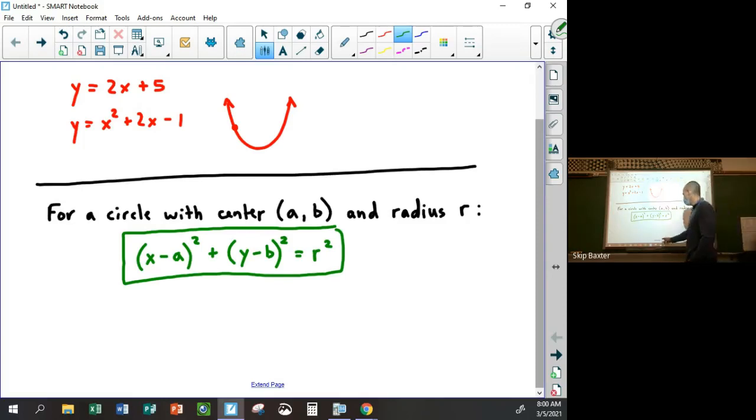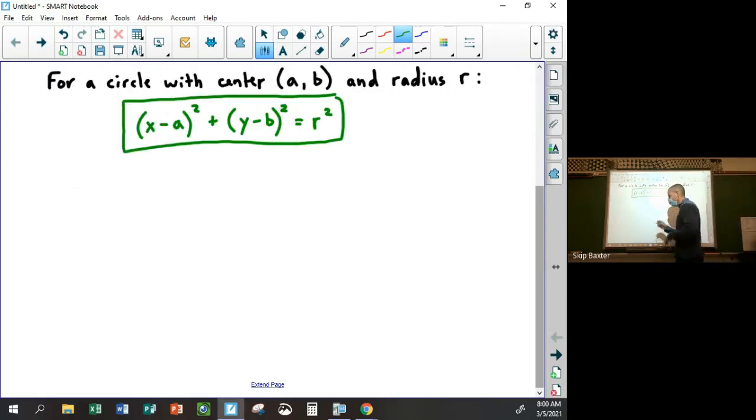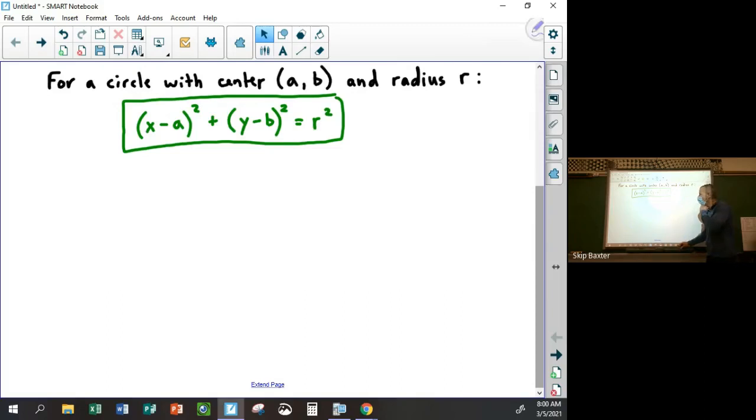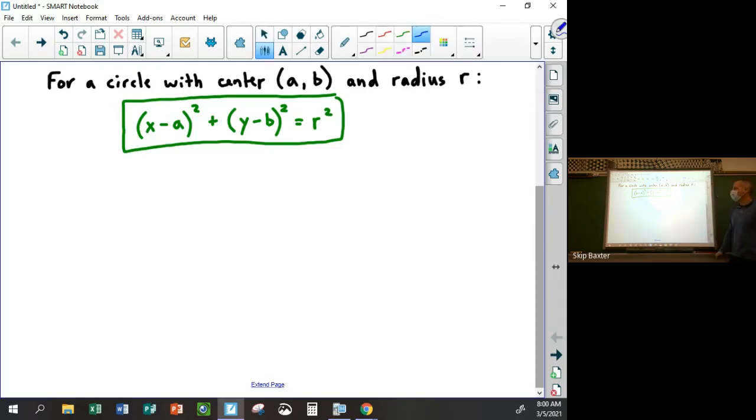Okay, so there's two ways that you could have problems that deal with this. One type of problem would be if they give you either a description of a circle or a graph of a circle, and they want you to find its equation. For example, they might give you something like, suppose the center of the circle is at the point (2, 5), and the radius of the circle is 4.